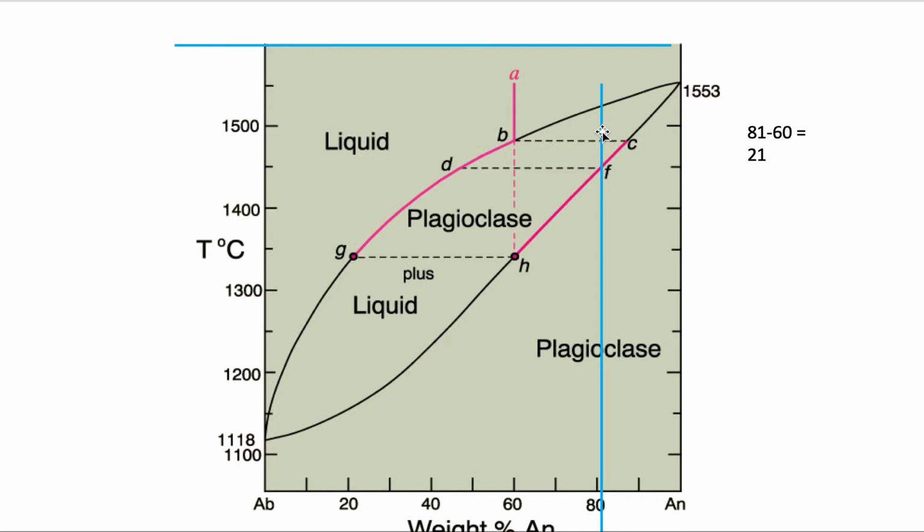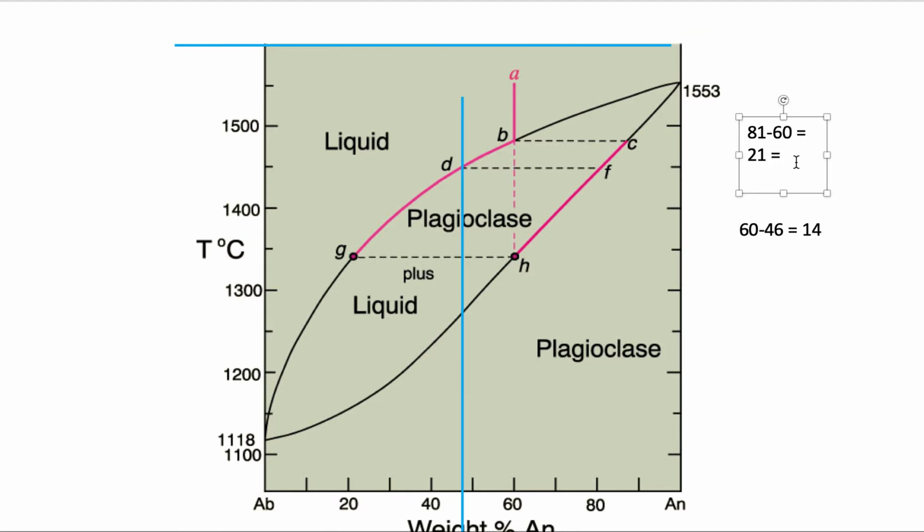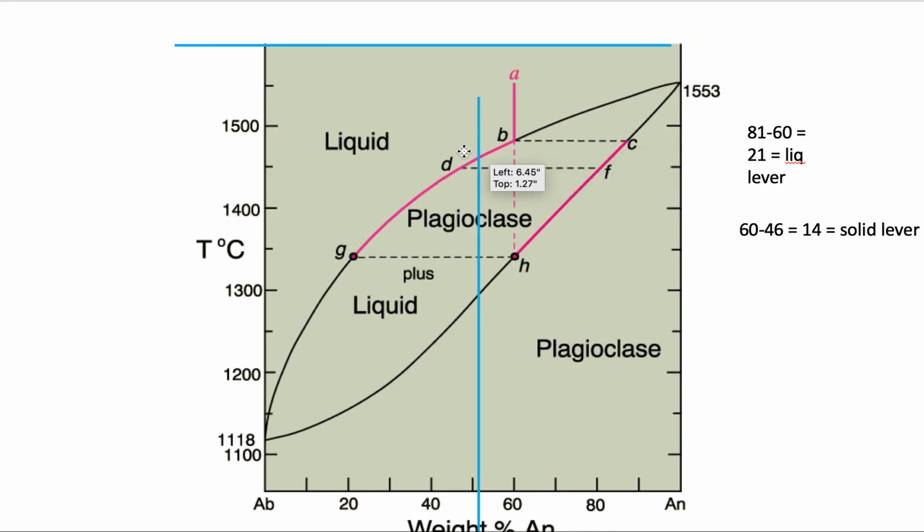And then if we look at the distance from A to D, D is at about 46, so the distance from A to D would be 60 minus 46, and that's equal to 14. So 21 is the liquid lever, and 14 is the solid lever. To get the proportions, we need to compare these, 21 and 14, to the total distance D to F.